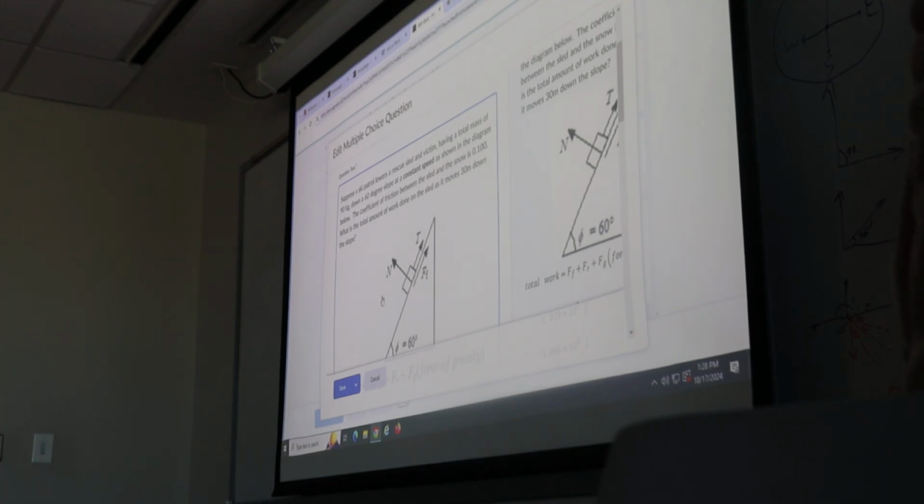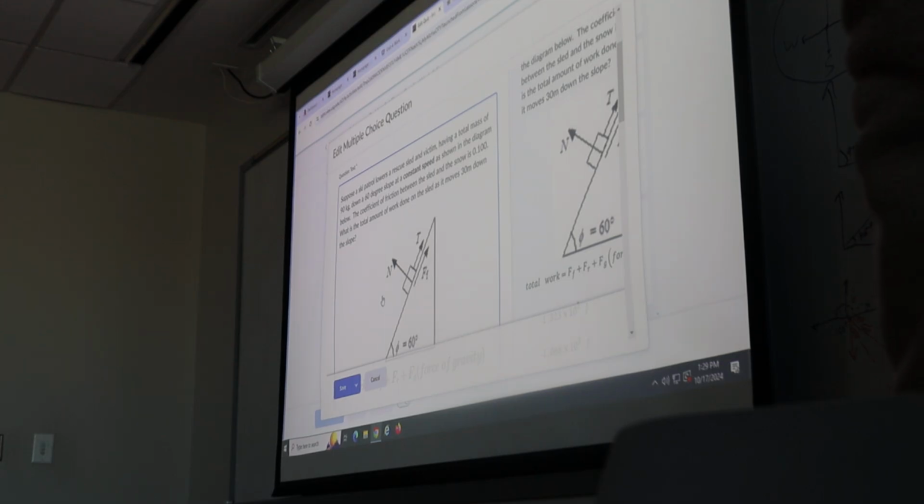So we could figure out the mg with our normal force. Gravity is the acceleration due to gravity, 9.8 meters per second squared.